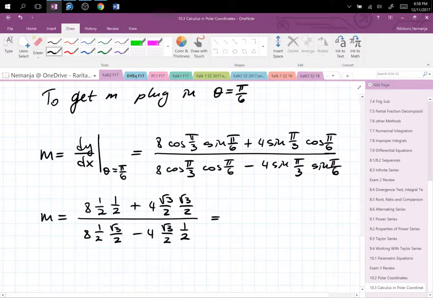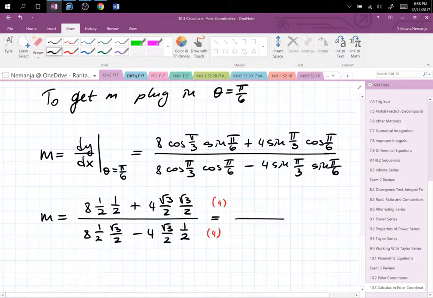All right. Now, instead of computing this like a lunatic, I'm going to multiply numerator and denominator by 4 and kill all the fractions. So, times 4 and times 4, and that kills all of the halves.